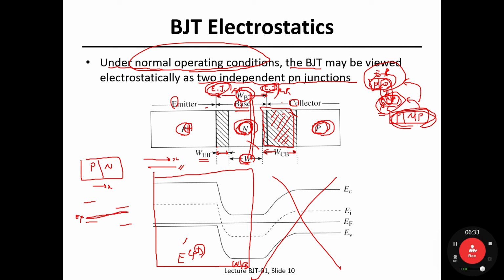Okay, so E sub F is single valued, and the intrinsic Fermi energy level can be drawn as a dotted line, and the depletion layer has been well formed on both sides.